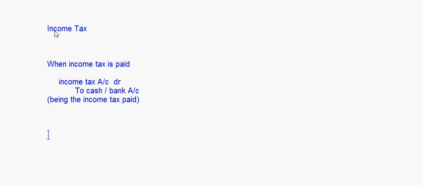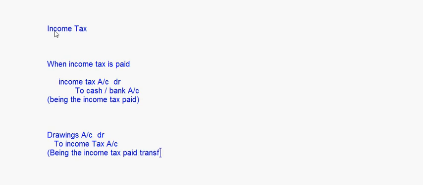So now the next entry you will make is drawings account debit to income tax account. In the first one, we have paid the income tax from the business, but then you are transferring it to the drawings account, because this is basically pertaining to the proprietor or the partners, right? So here I'll write being the income tax paid transferred to the drawings account.